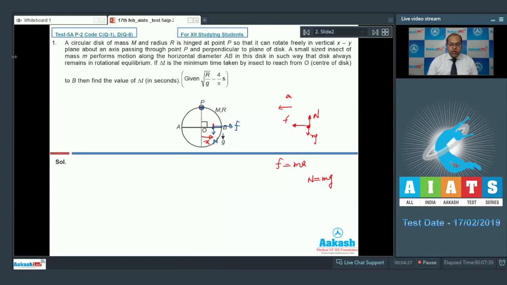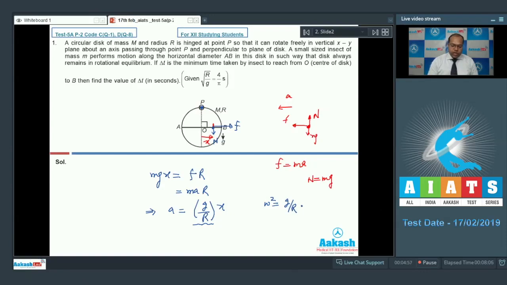So N into x, or mg into x, is equal to F into R. The value of F is ma, so it is ma into R. From here the value of a comes out to be g by R into x. This is only possible when the particle is in SHM, so this is my omega square. So omega square is g by R.